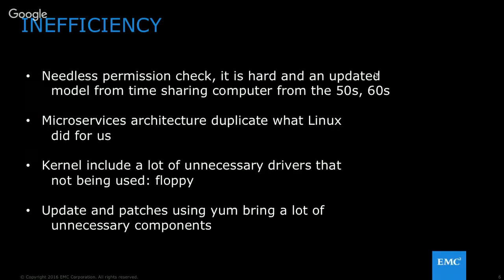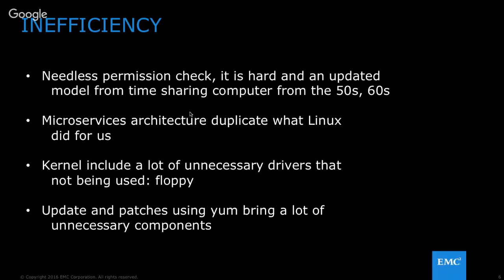If you're looking at other things like the microservices architecture, we can see that there is a lot of duplication, right? For instance, Linux did a lot of the stuff for us, like etcd, and now we're doing exactly the same thing with a distributed function like etcd. If you're looking at the kernel itself, there are a lot of unnecessary drivers in the kernel. We still have a floppy driver, even though we don't have a floppy drive.